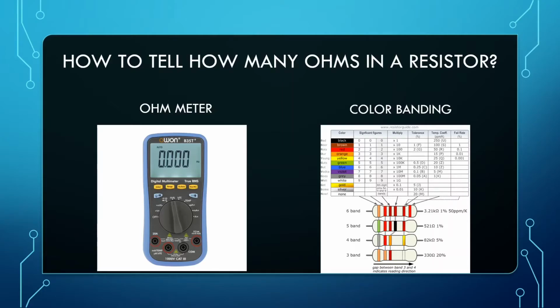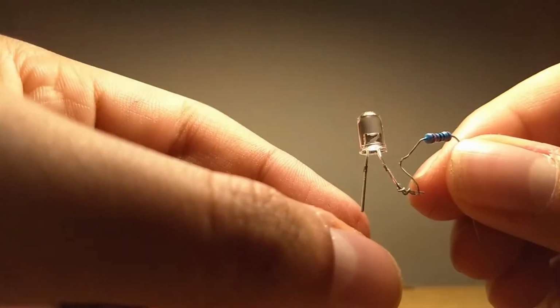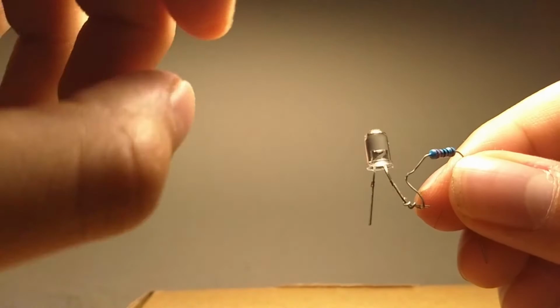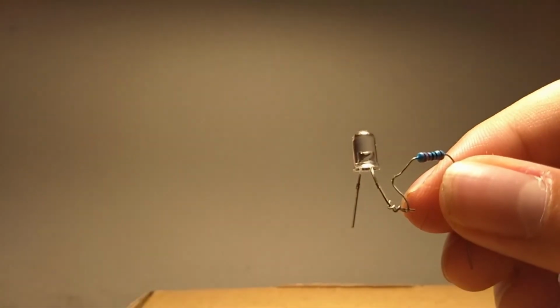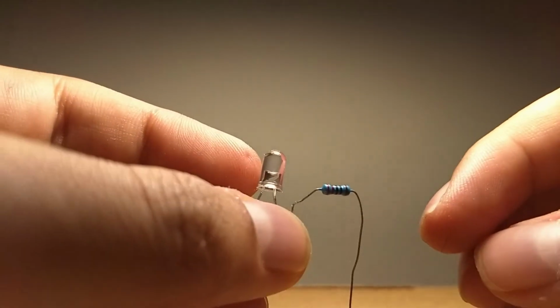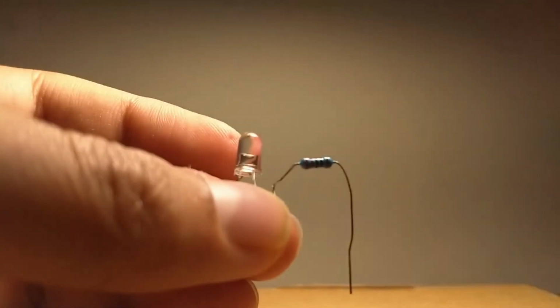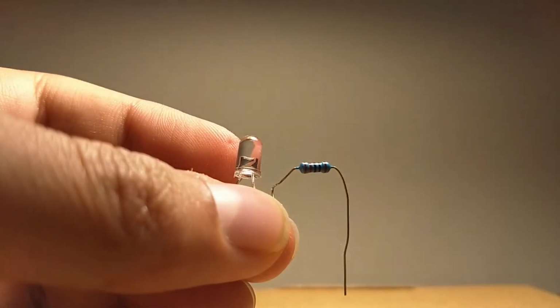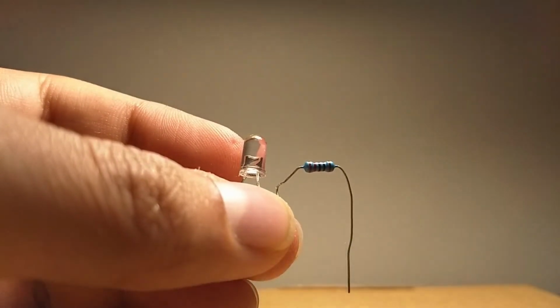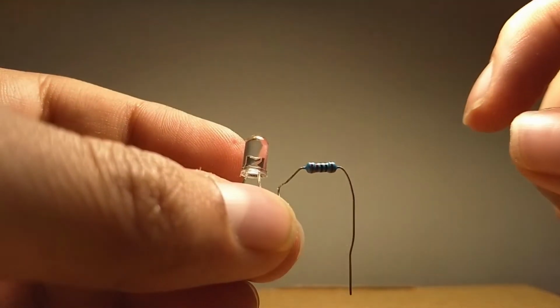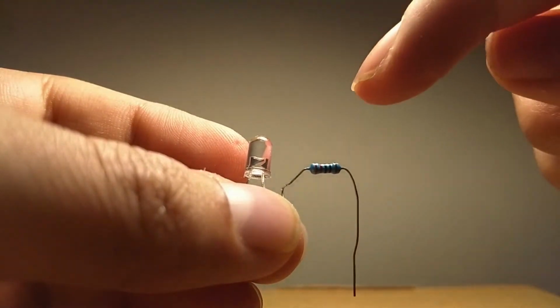Alright, let's get into the demonstration. We're demonstrating how a resistor works. Here I have connected the resistor to the positive lead of the LED, and this is 220 ohms, because it has red, red, black. This is a 4-band resistor. I'm not sure if you can see it clearly. It's not as clear, but it has red, red, black, black, brown.